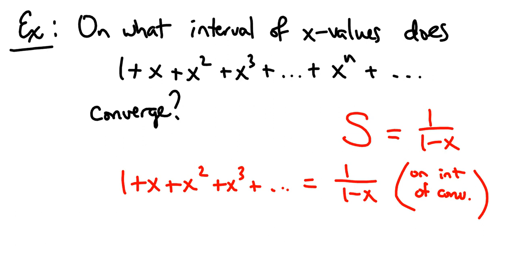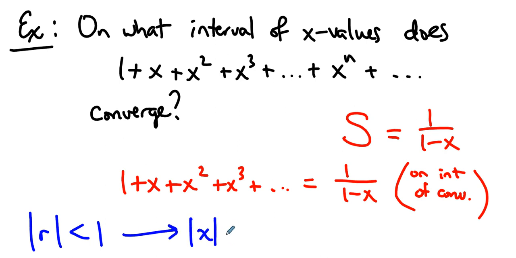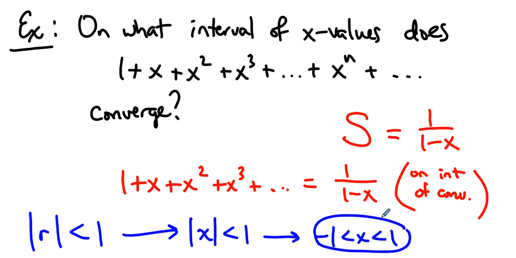Well, we know that geometric series converge if the absolute value of the ratio is less than 1. Well, the ratio is x, so the interval of convergence is where the absolute value of x is less than 1. That's negative 1 to 1.